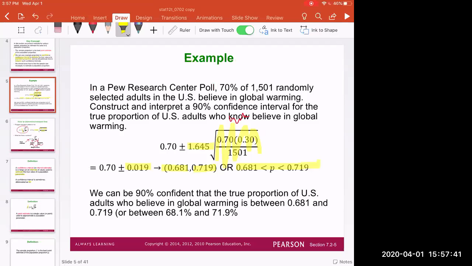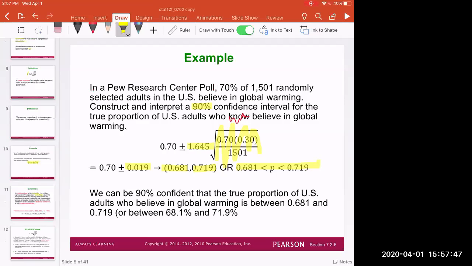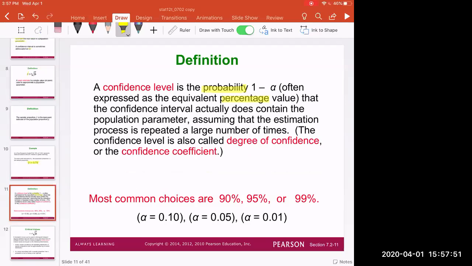That's what I'm saying: construct a 90% confidence interval. That's going to be the probability that my interval does actually contain the true population parameter. Because that's ultimately what this definition is getting at, the probability that your confidence interval does actually contain the true population parameter.